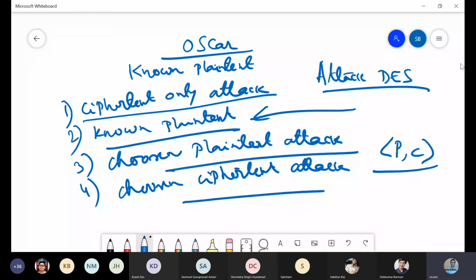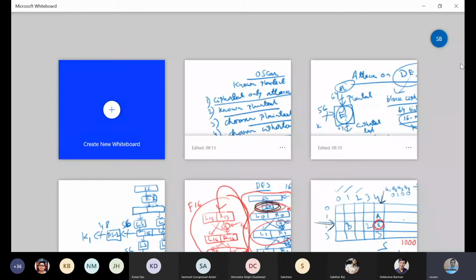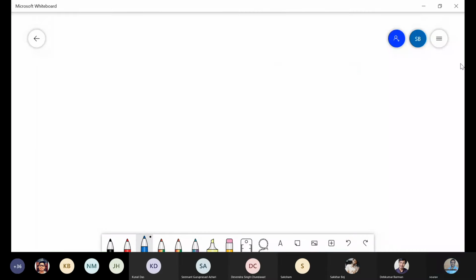This is known to the attacker. With that, how can Oscar mount the attack? But Oscar does not have the key.